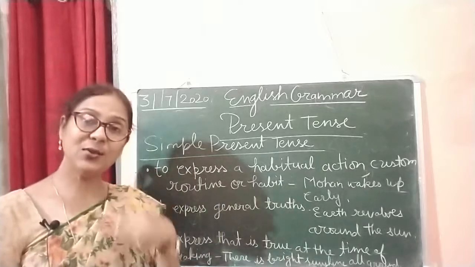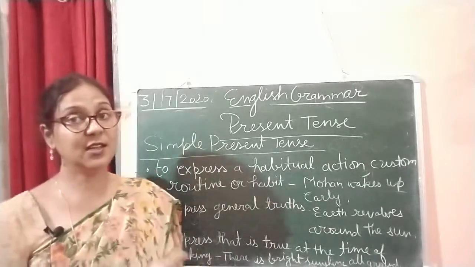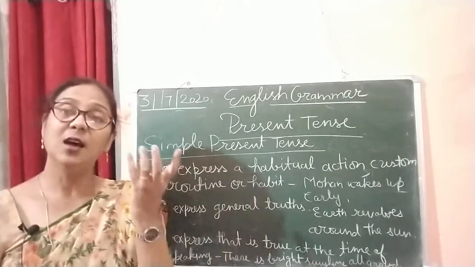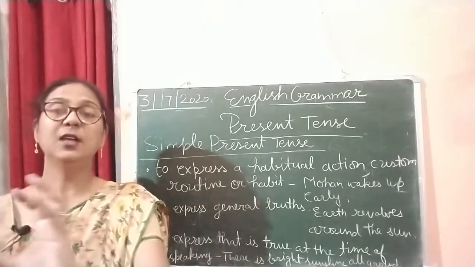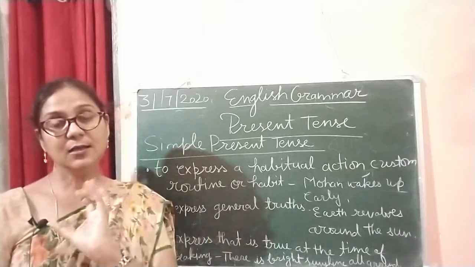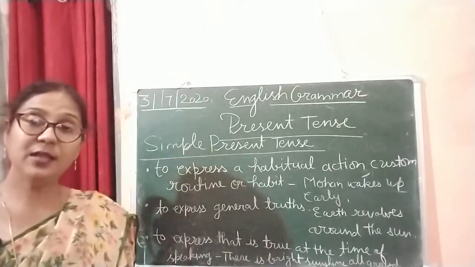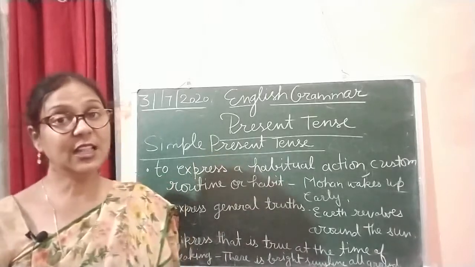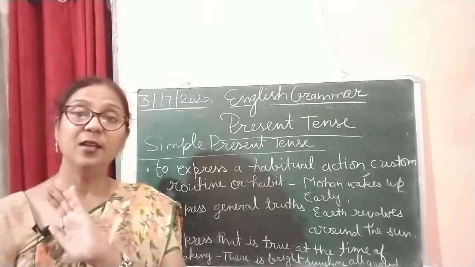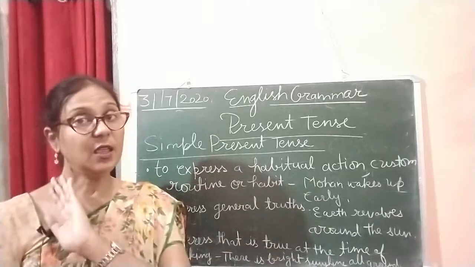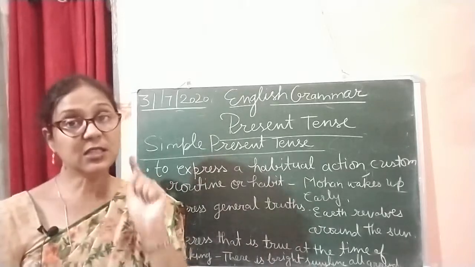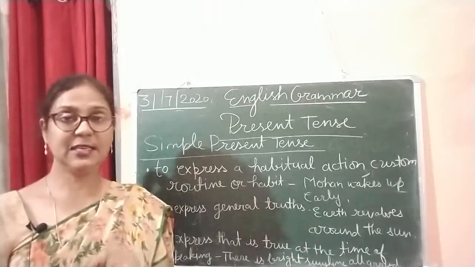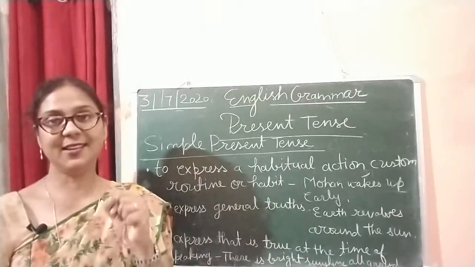So it is also included in simple present tense because this will never change, because the earth always revolves around the sun, and the sun always rises from the east. These are universal truths that we cannot change. So this type of universal thing is always considered simple present tense.